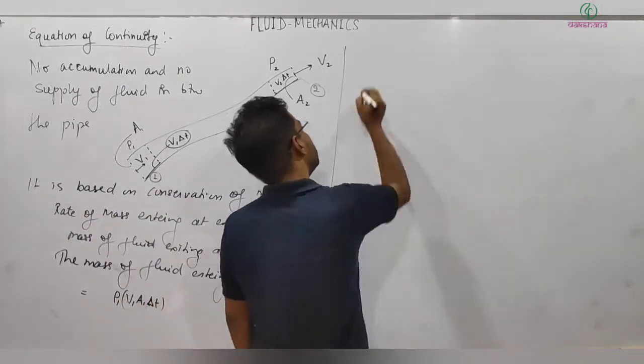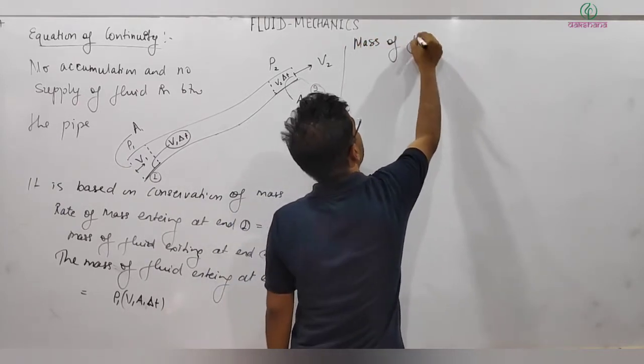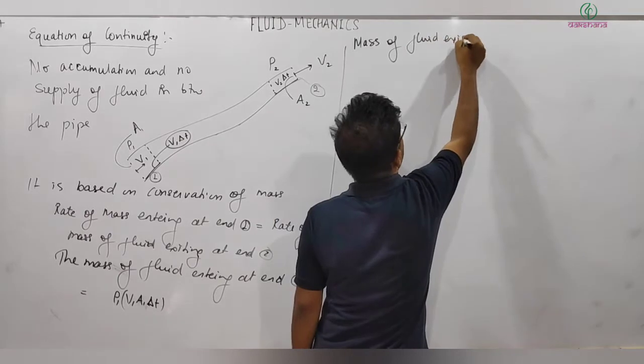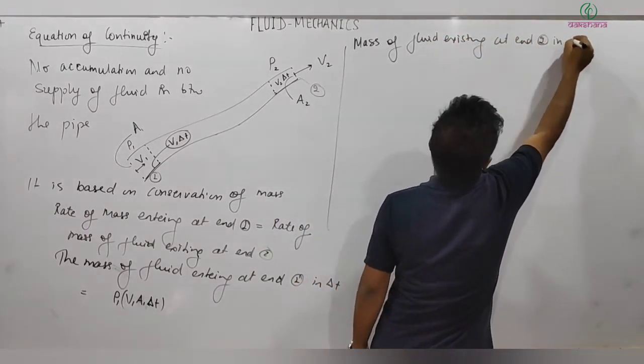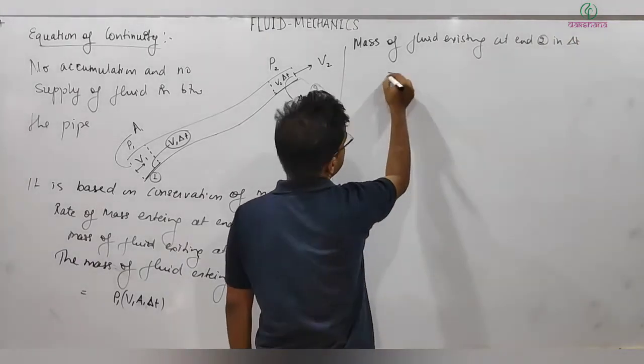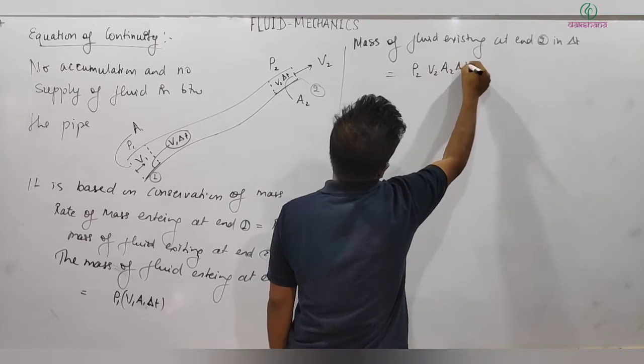Similarly, the mass of fluid exiting at 2 in delta t time can also be expressed as rho2 v2 a2 into delta t.